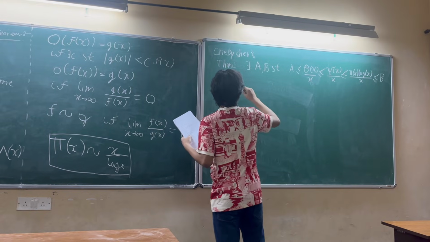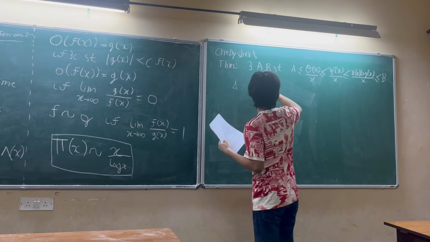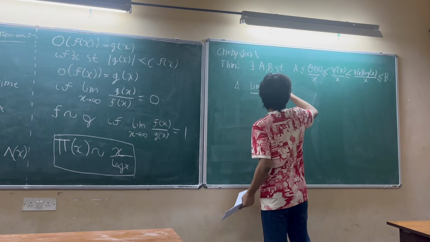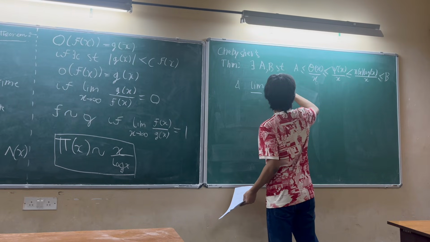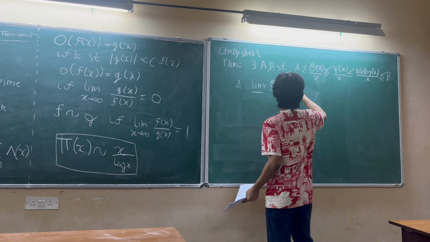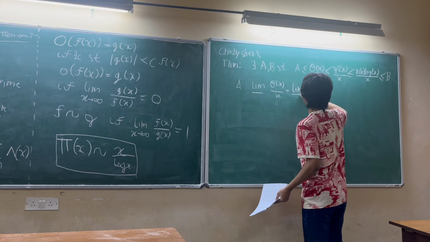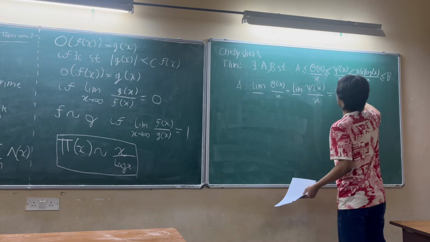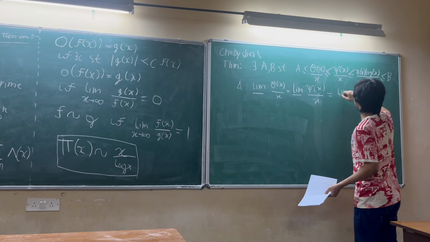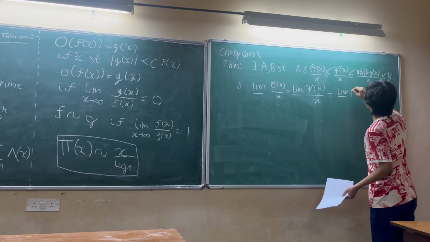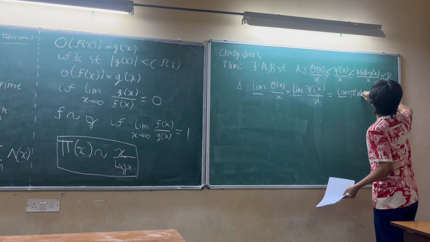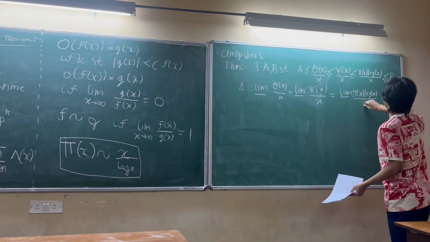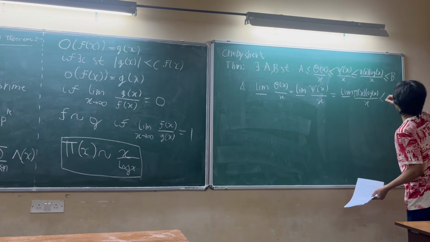And the limit infimum of theta x by x is equal to the limit infimum of psi x by x, which is equal to the limit infimum of pi x log x by x, and this is greater than log 2.